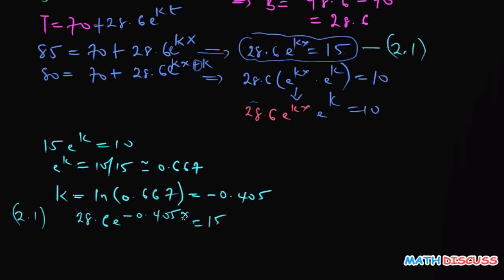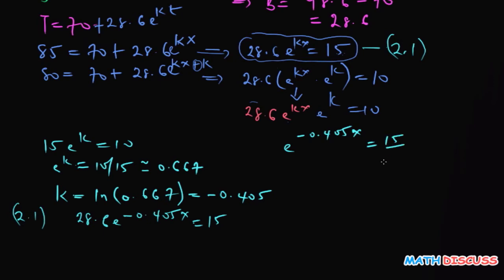To find x, I need to divide both sides by 28.6. So you have e to the power negative 0.405x equals 15 divided by 28.6, and that's going to give us 0.5244.